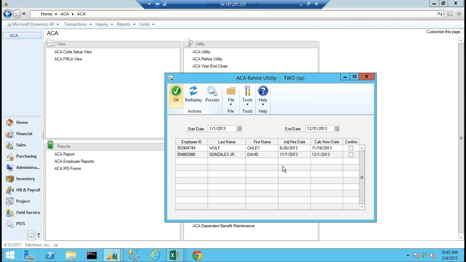I could elect to have one of them classified as a rehire, the other one not. It is totally at your discretion whether or not you classify somebody as a rehire. Again, it's the rule of parity. It's either 13 weeks, or the rule of parity, if they previously worked for you for at least 3 weeks and were off for a greater period of time than what they previously worked for you, you could use the rule of parity to do that.